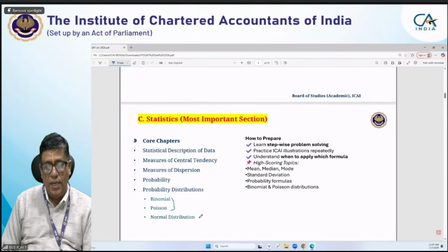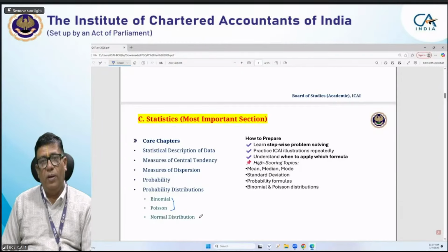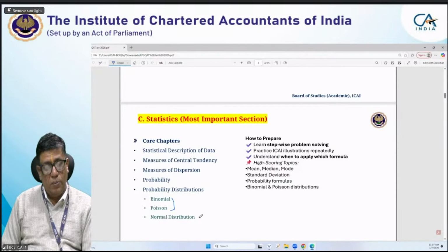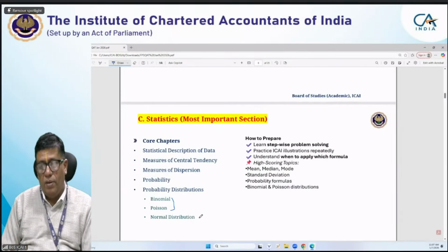Stepwise problem solving: how to prepare for this chapter? Practice ICAI illustrations repeatedly. Understand when to apply which formula, for example when using mode, mean, geometric mean or harmonic mean, the various types of measures of central tendency. See carefully what formulas you have to apply.